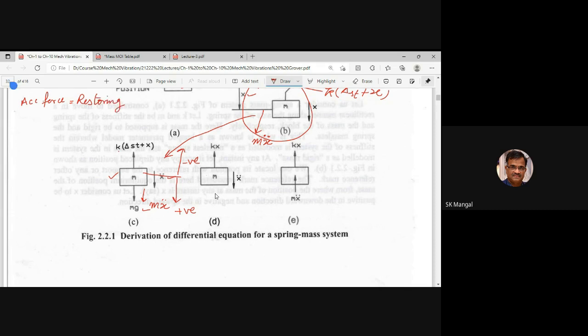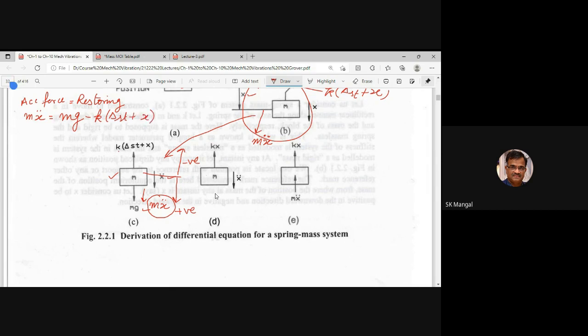So this is your accelerating force, and the rest is equal to mg, which is in the positive direction, then you are having a negative direction force, minus k into delta st plus x.